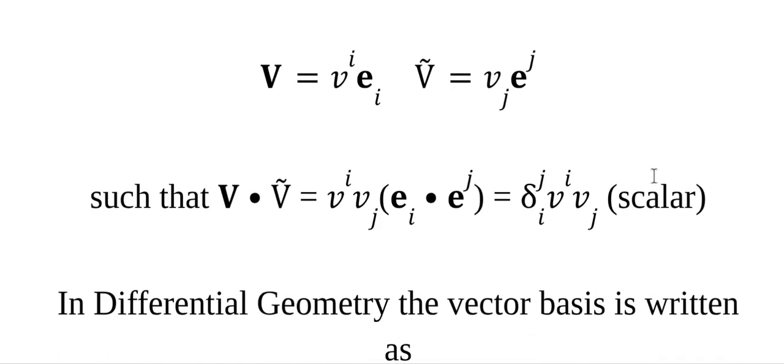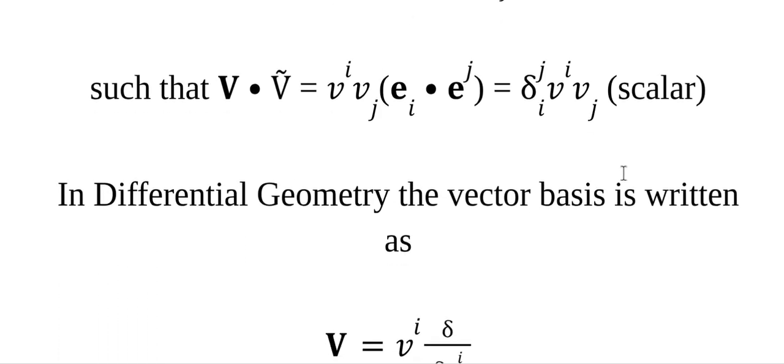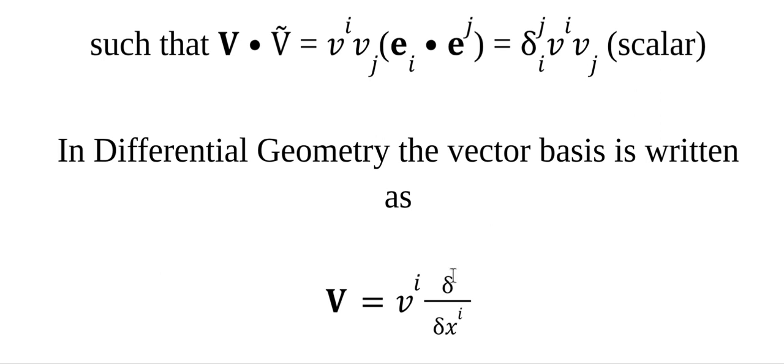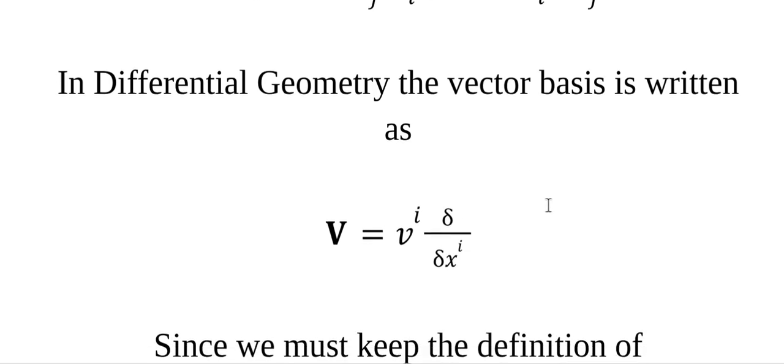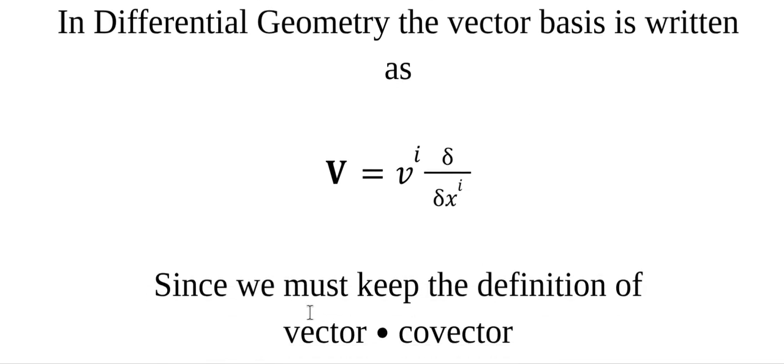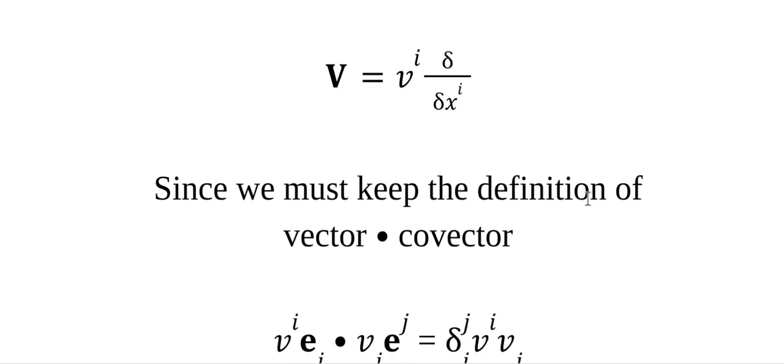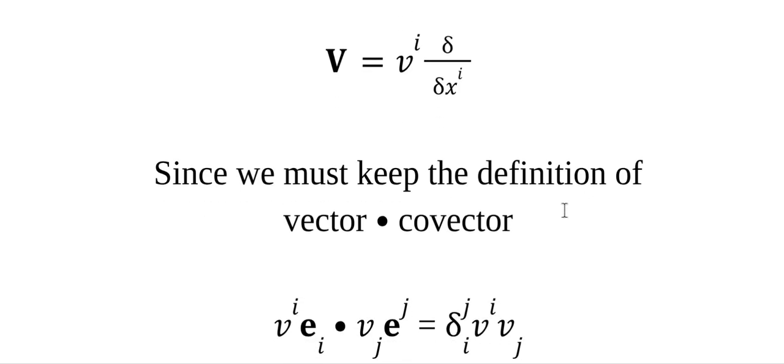In differential geometry, the basis vector is written like this, as an operator. And you see it has, with respect to this, the coordinate, but it's covariant. So this is covariant, this is contravariant. Now, since we have to keep this definition, vector dot covector, which we just did, how do we do that with this new operator here?